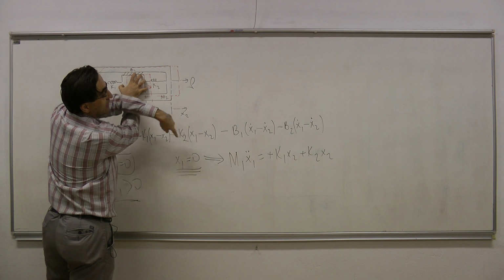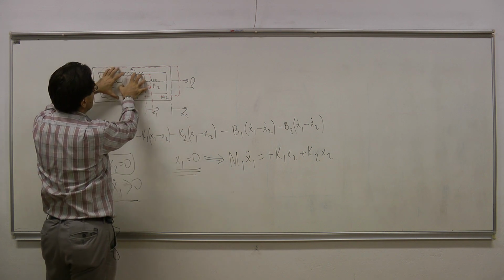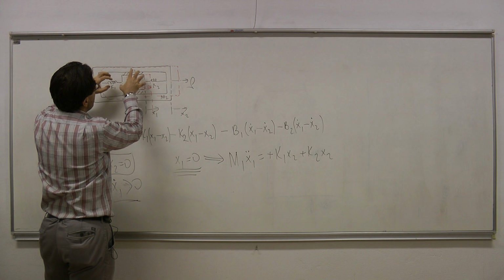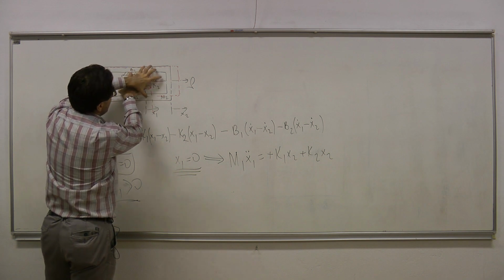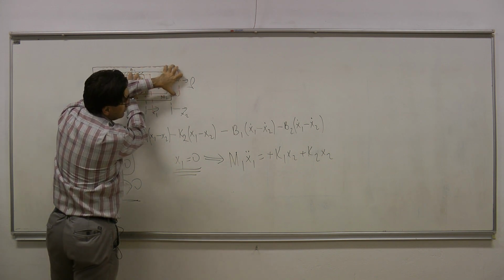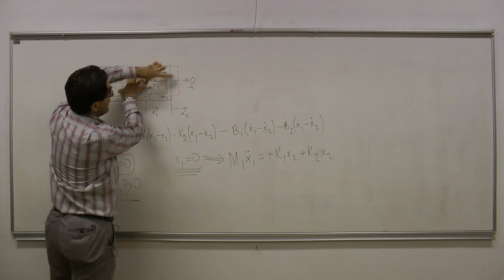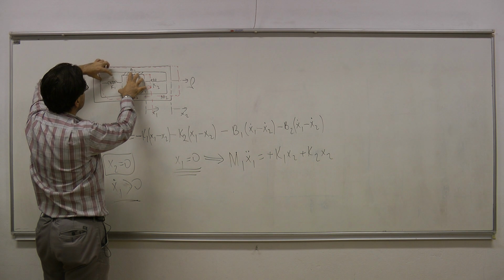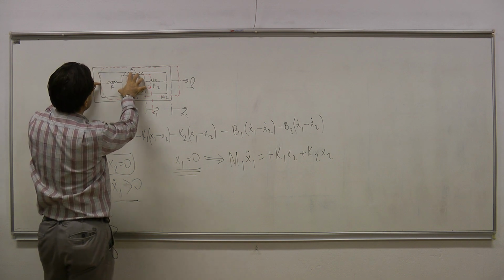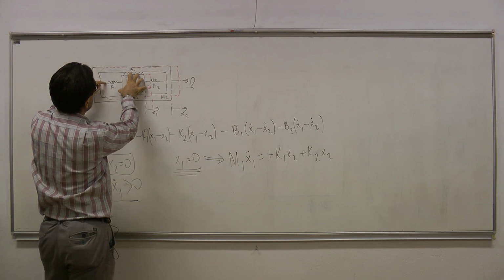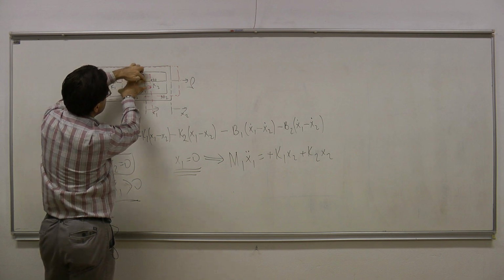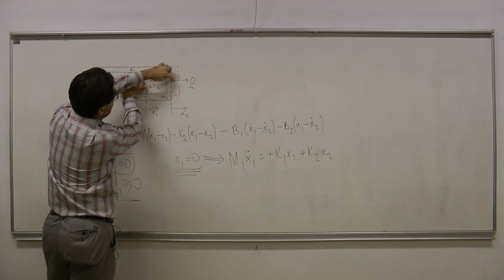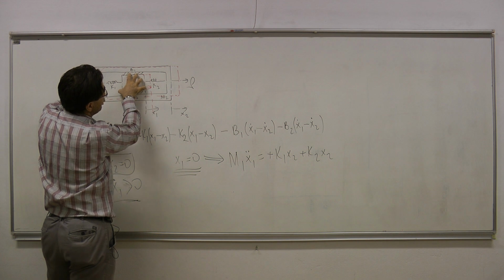Okay? I would like to check the correctness of the equation. So when m1 is fixed, when m2 is moved to the right, this spring is expanded and this spring is squeezed. Okay? Because this end of the mass 2 is coming to here, and this end of the mass is coming here, while m1 is fixed.